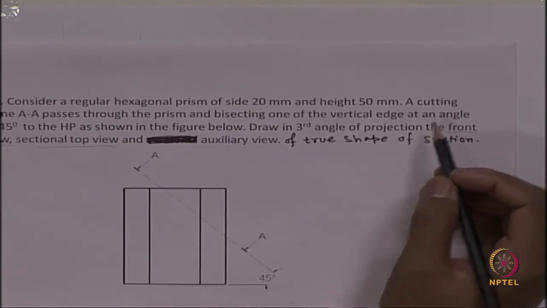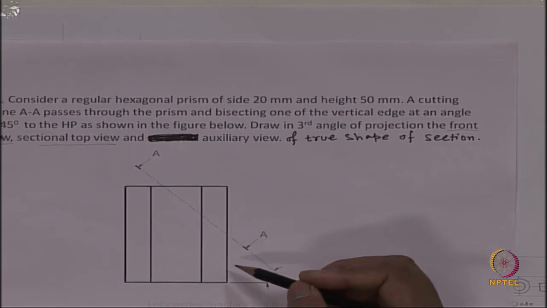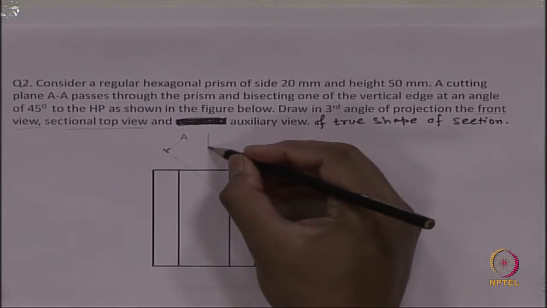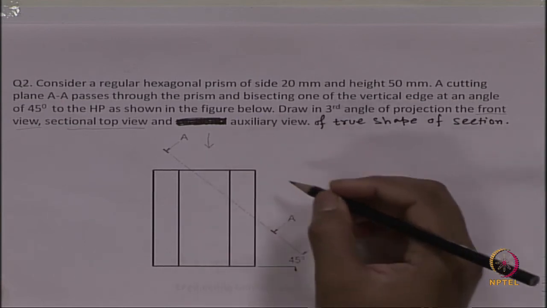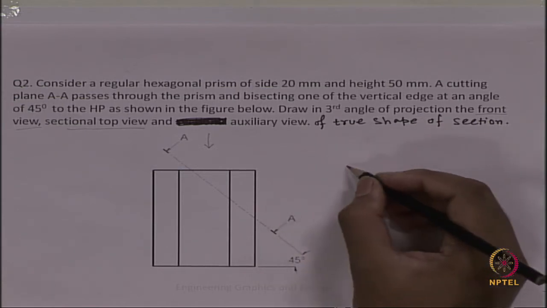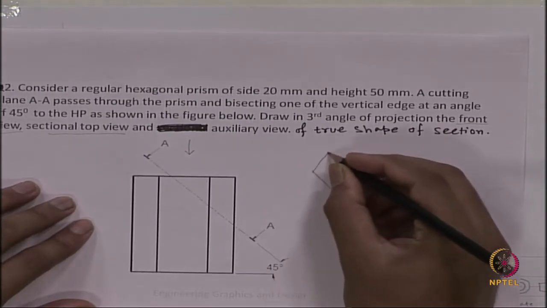If you look at this, what is given here is the front view of a regular hexagonal prism. If you look from the top, you will see a regular hexagon.